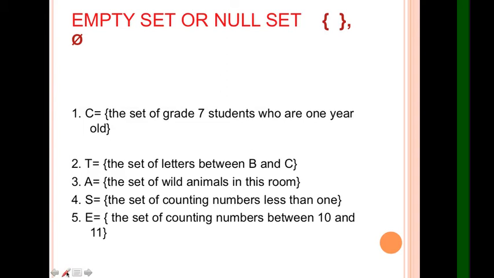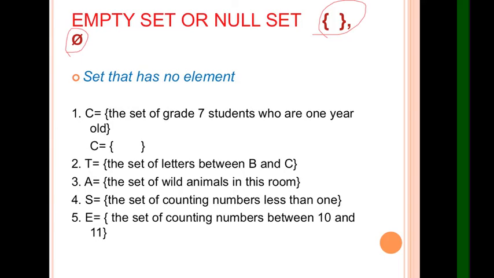That can be represented through the use of this symbol or this one. This is the empty set and this one is the null set. Empty set or null set is a set that has no element. So, to represent C, this can be written as C equals an empty set or a null set.